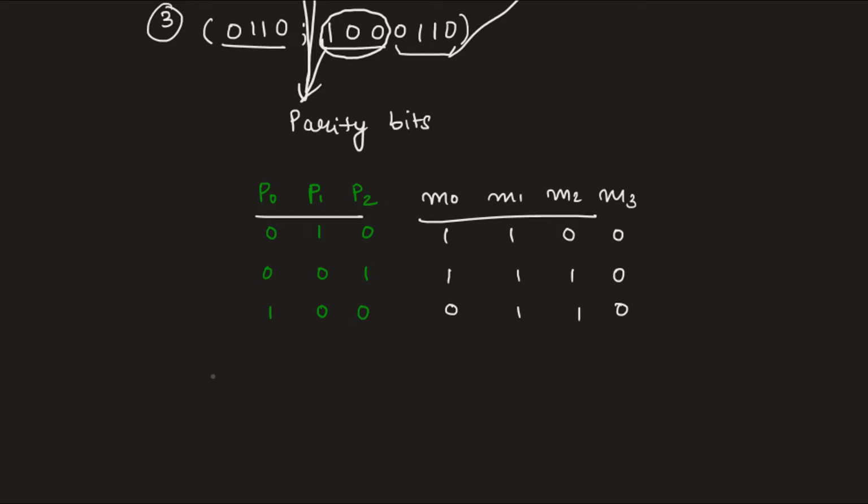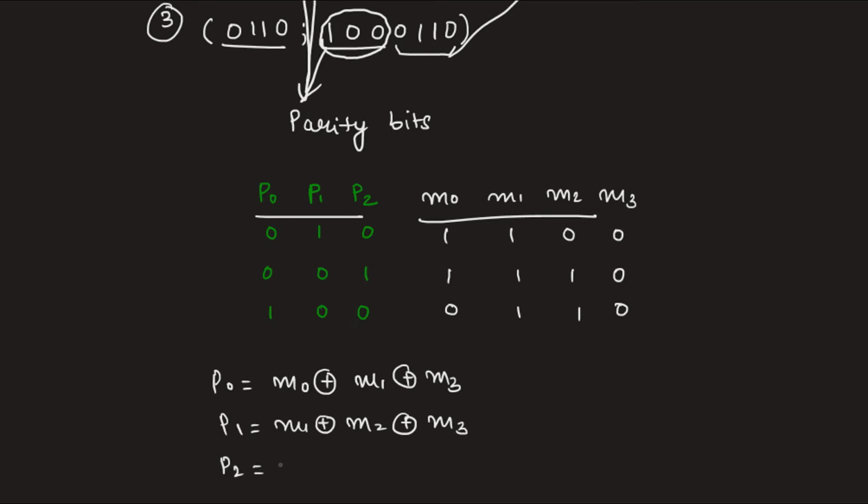We observe that P0 is M0 XOR M1 XOR M3, and P1 is M1 XOR M2 XOR M3, and P2 is M0 XOR M1 XOR M2.